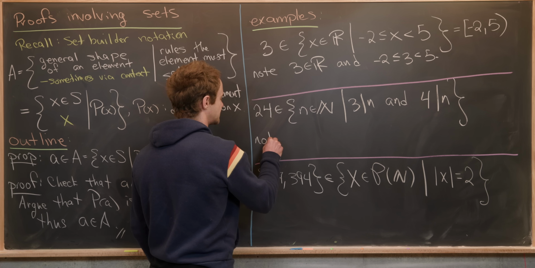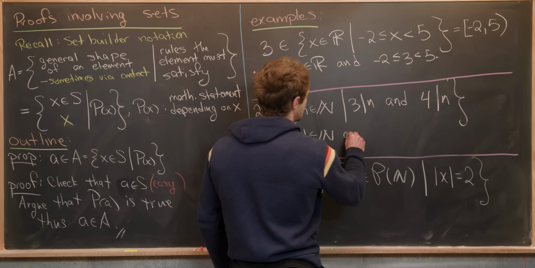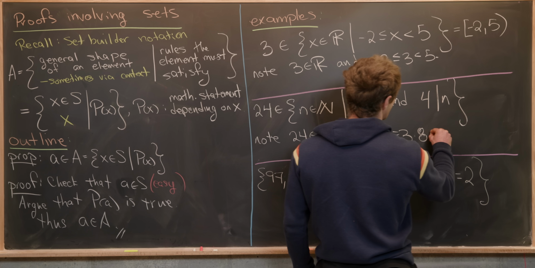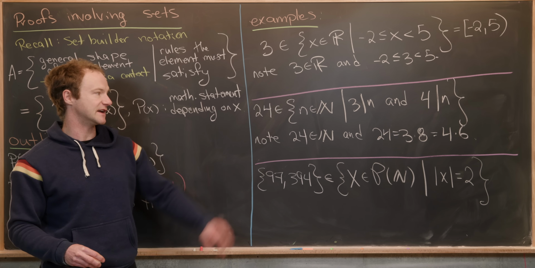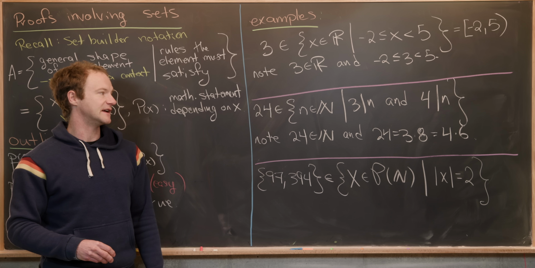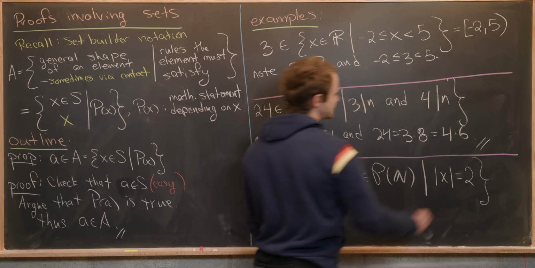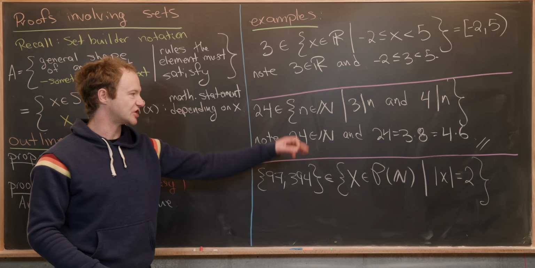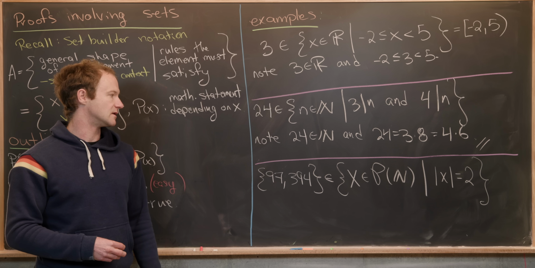We would first notice very clearly that 24 is a natural number and that 24 equals 3 times 8, which also equals 4 times 6. The fact that it equals 3 times 8 means it's divisible by 3. The fact that it equals 4 times 6 means it's divisible by 4. In my mind, that's really enough to show that 24 is an element of this set. It's got the right general shape and it's got the right specific rule being followed.